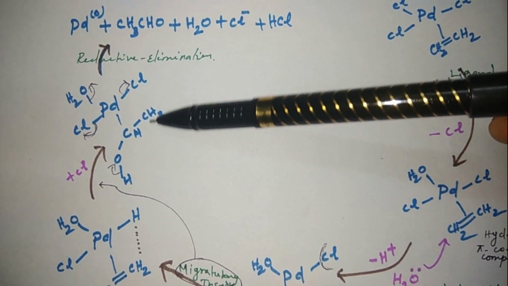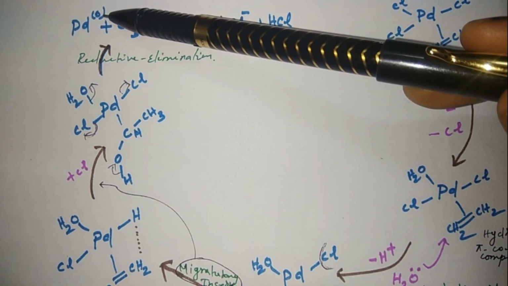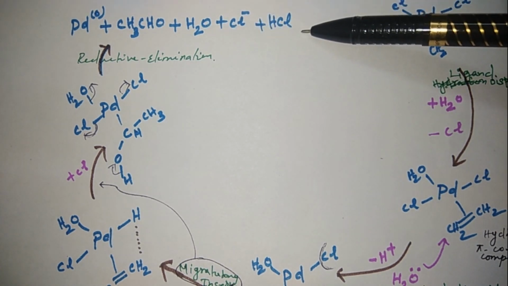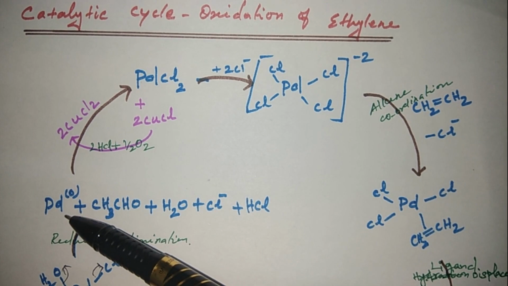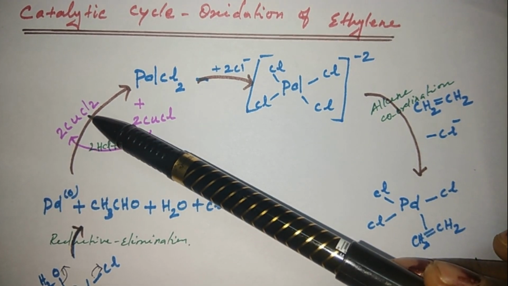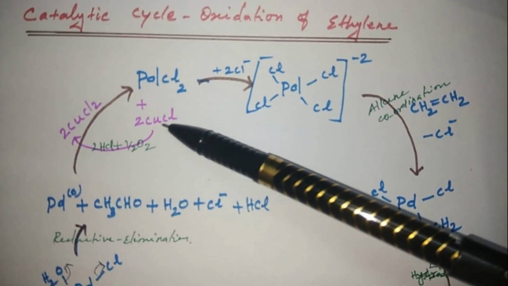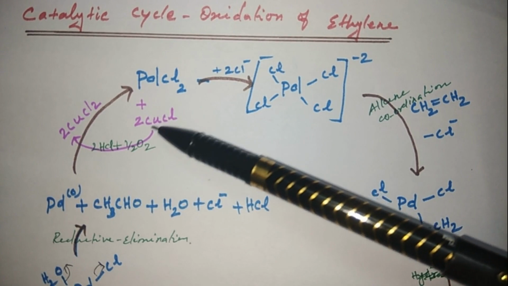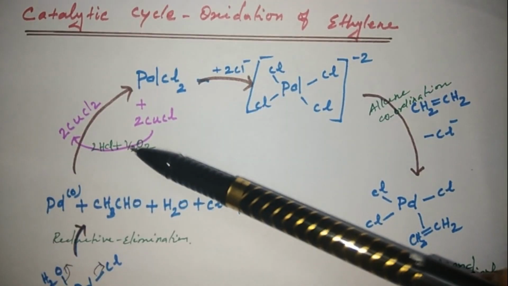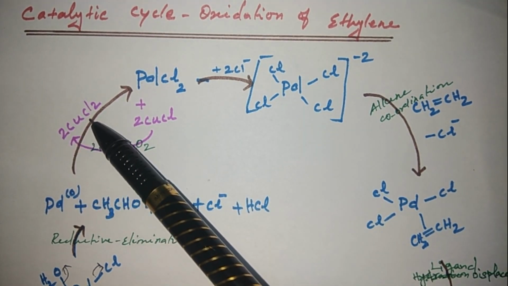We get the compound acetaldehyde, palladium 0 oxidation state, water molecule, Cl- ion and HCl. This palladium 0 oxidation state on addition with CuCl2 gives the product palladium chloride and cuprous chloride. This CuCl again combines with molecular oxygen and hydrochloric acid to give CuCl2.